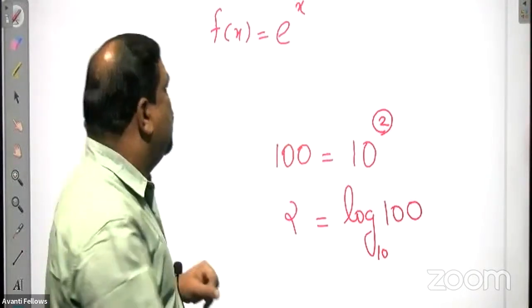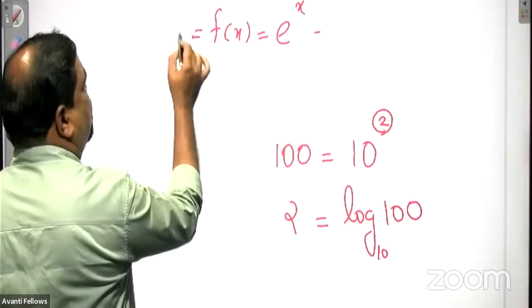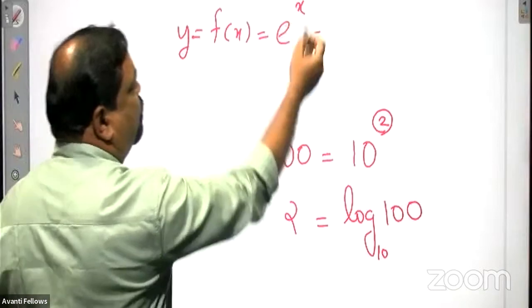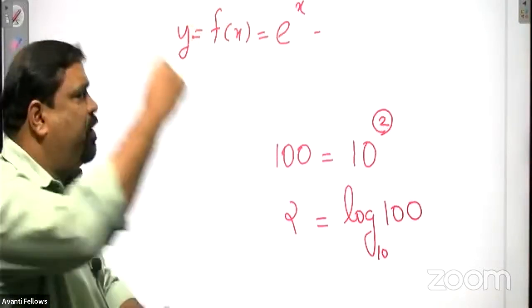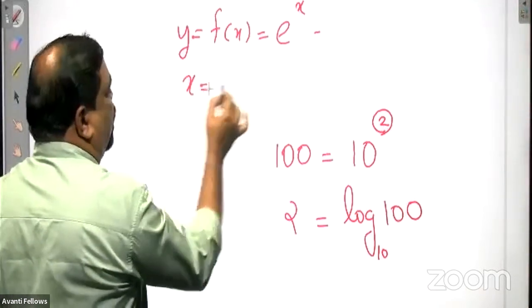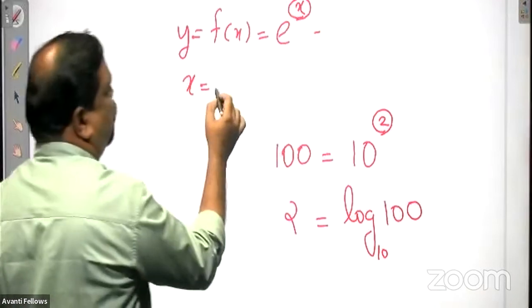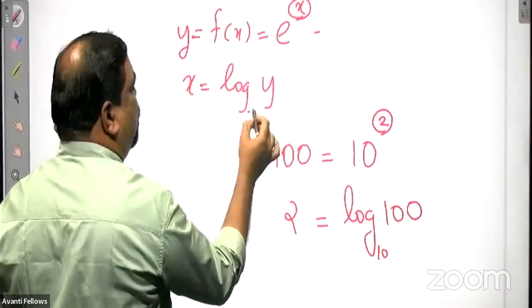In the same way, if f of x is e power x, suppose I take this as y, so y is equal to e raised to x. Then in the reverse way, x is equal to log of y to the base e.